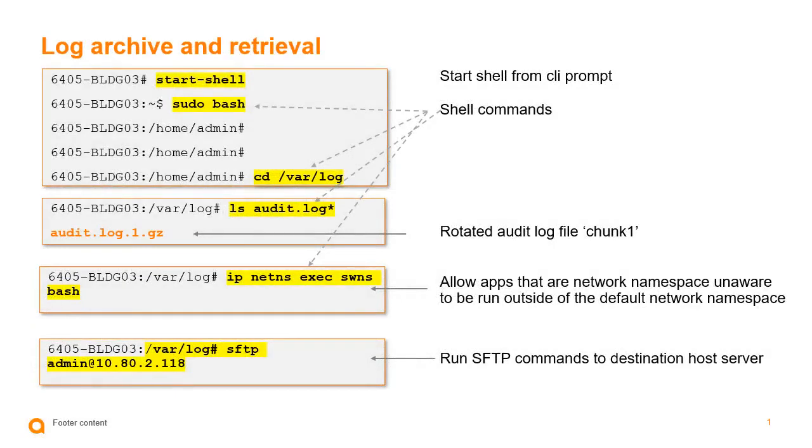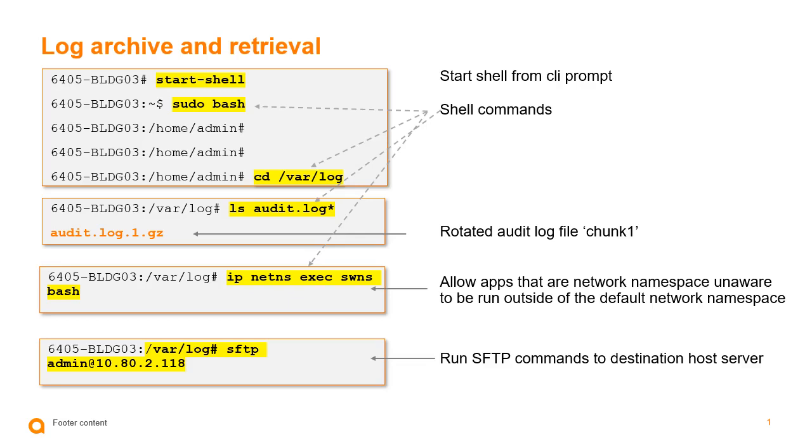So to get our logs out, we can retrieve them, but first of all, we need to start the shell from the CLI, and you can see the commands in the PowerPoint. We run the start shell command, then we run the sudo bash command to give us the appropriate privileges in the shell. We change to the /log directory, and this is where we have our archive logs, should they actually be archived.